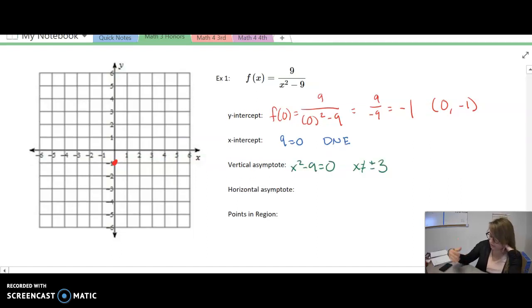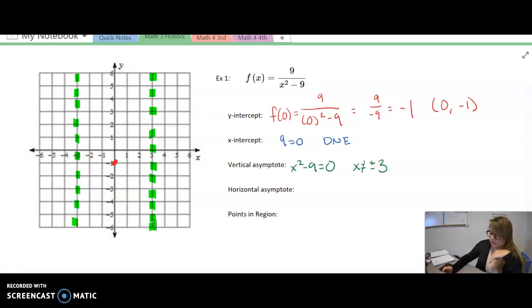So if you did this correctly, you should have gotten x cannot equal plus or minus 3. So we have two vertical asymptotes. I'm going to graph them for you. So we have one at -3 and +3.